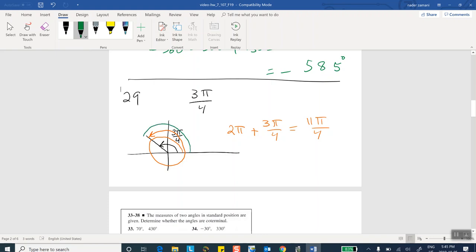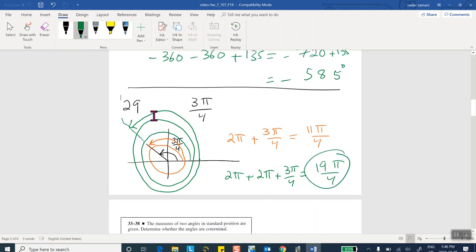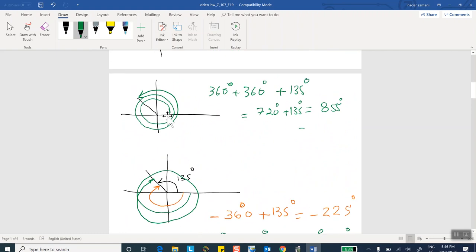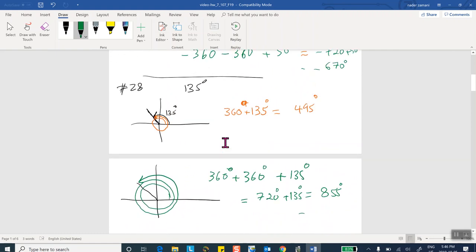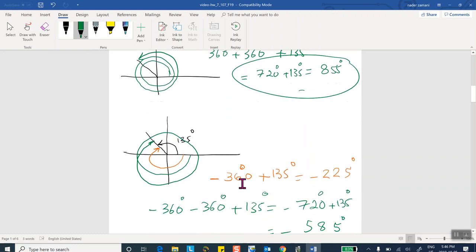So green one, you go once, you go twice, and then you go until you reach the terminal side right there. So 2 pi plus 2 pi plus 3 pi over 4, which is 19 pi over 4, which incidentally will be exactly what we got for the previous problem when we did this one. I bet that's the same angle. It should be. Okay. Very good.